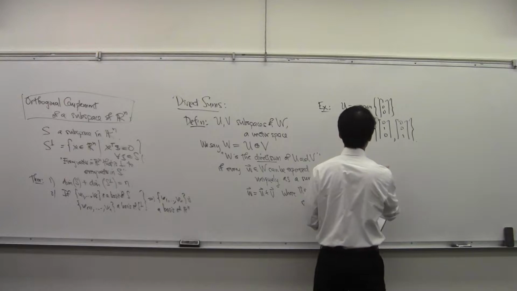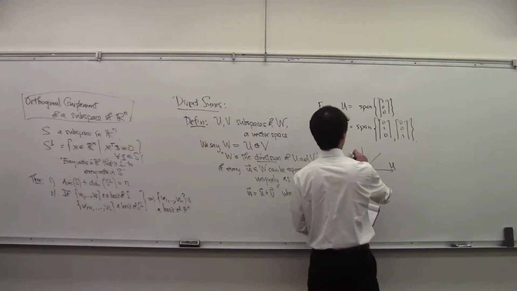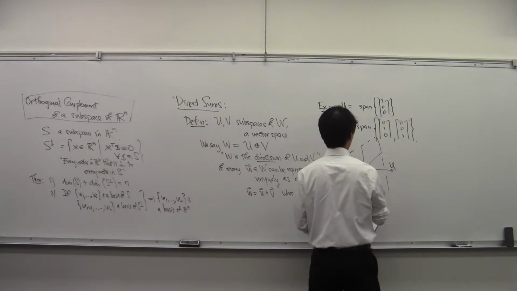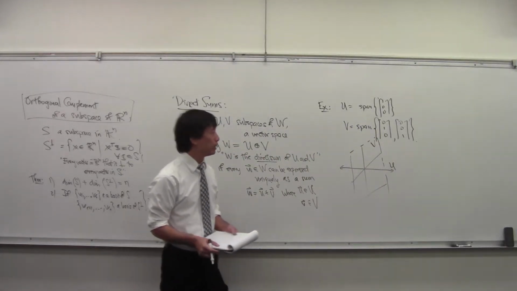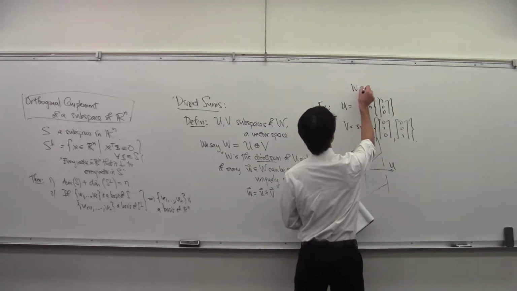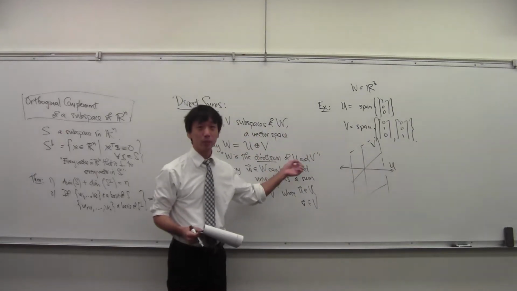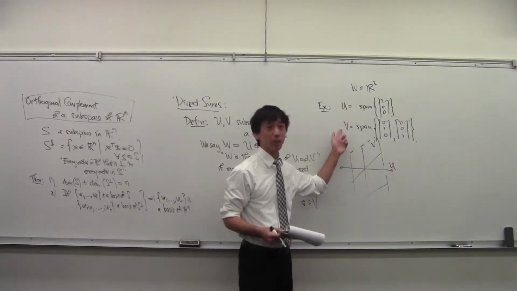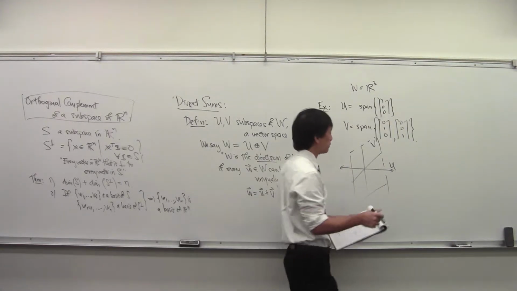Here's the x-axis, and here's the yz plane. Our W is R3, and you see that anybody in R3 can be expressed as somebody in U plus somebody in V, and there's only one way to do that.